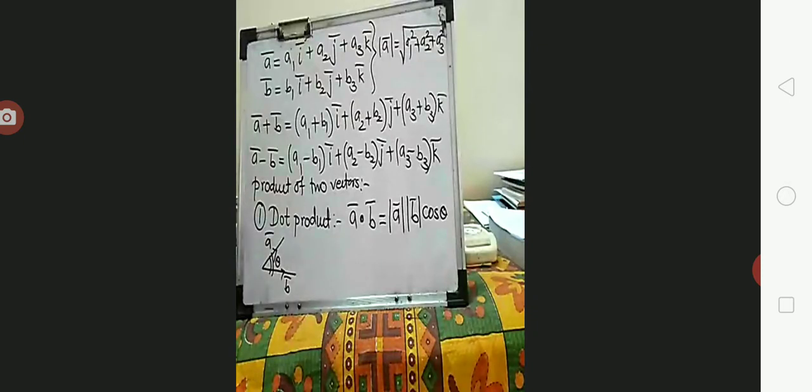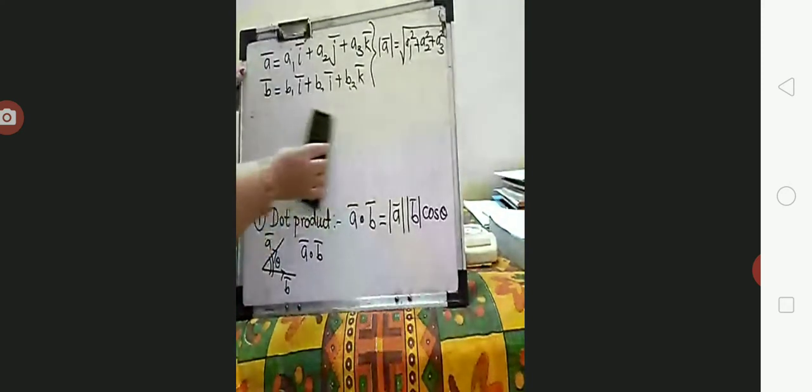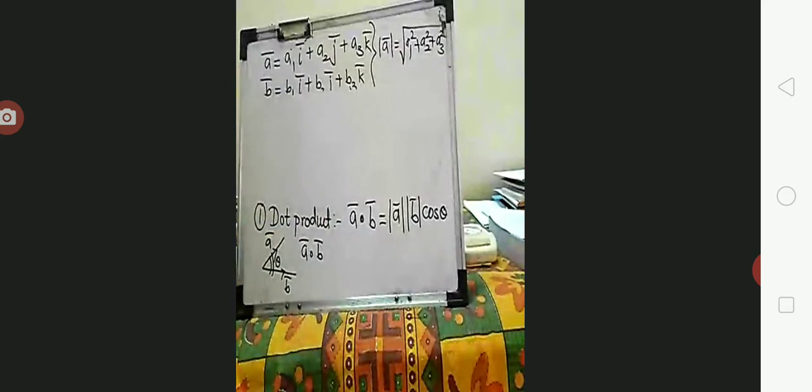So what will we get by using this? I have a bar dot b bar, so I take it component-wise and write it here.